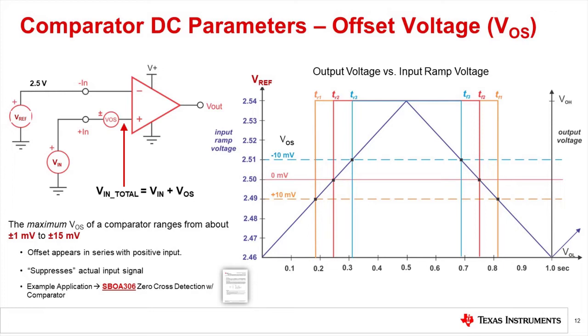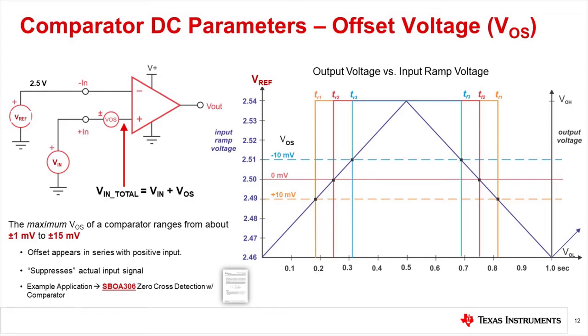If your offset voltage is 0 volts, then the total input voltage is equal to Vin plus 0, and your circuit just works as expected. When Vin is greater than 2.5 volts, Vout will go high. Then when Vin goes back down below 2.5 volts, Vout will go low, as you can see in this red waveform.